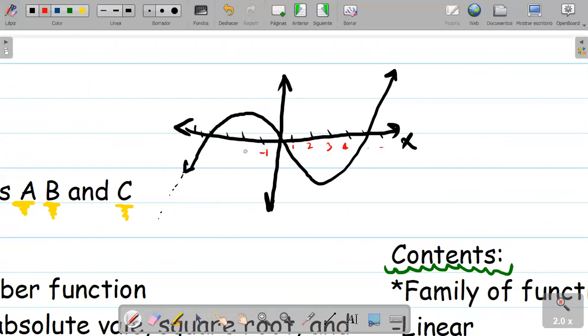Here is -1, -2, -3, -4, and many more values. What x values are included in the graph? If this continues, and this continues, it goes opening, all the x values are included. So here you can conclude that the domain of this function is all the real numbers. Okay, so that's the domain.